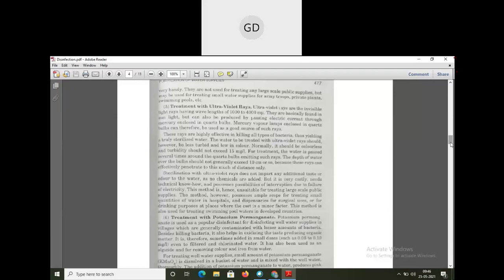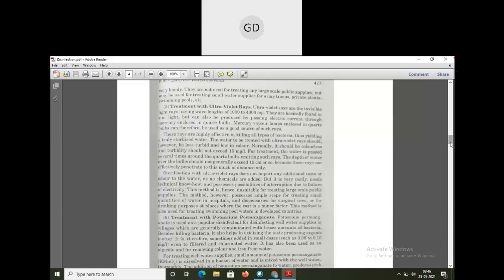The turbidity should be less, and the color of the water should be low, normally colorless. The turbidity should not exceed 15 milligram per liter.